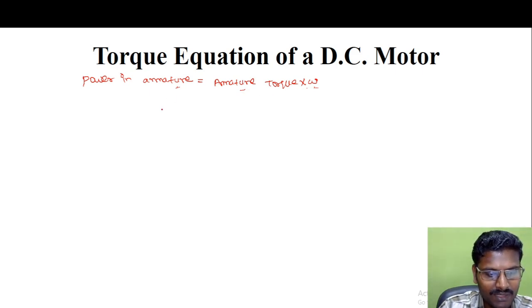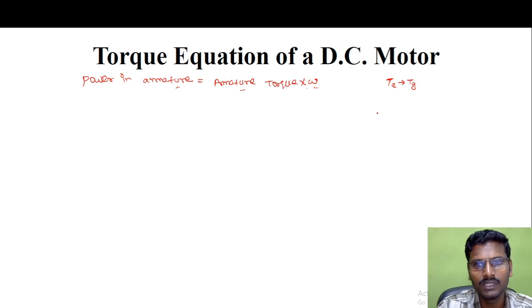The armature torque is TA. This is also known as gross torque, TG, meaning the overall torque produced in the DC motor.